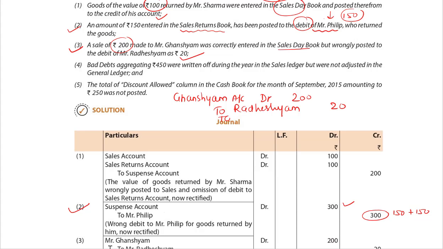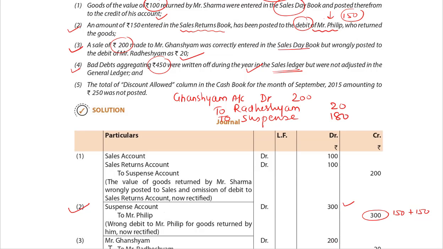This error is rectified and over here it will come to suspense account 180. Let's see the fourth one. Bad debt totaled aggregating 450 was written off during the year in the sales ledger but were not adjusted in the general ledger.